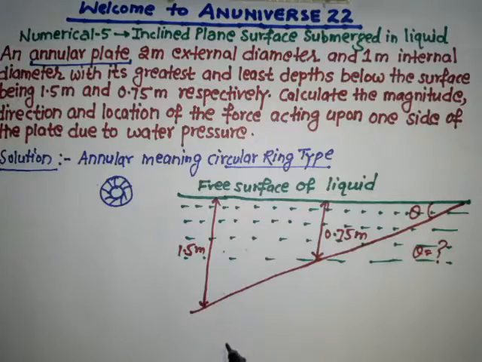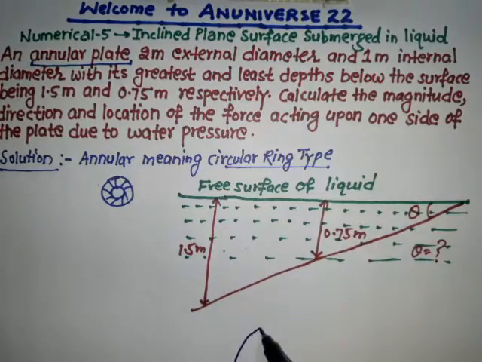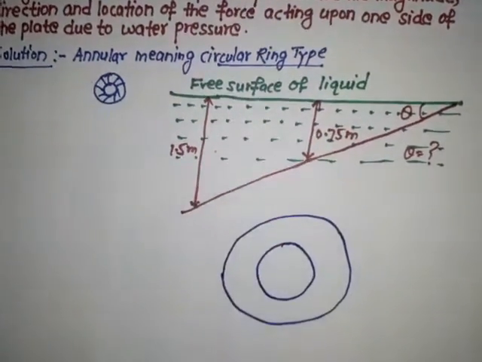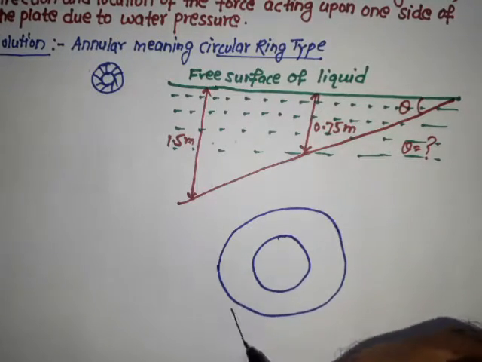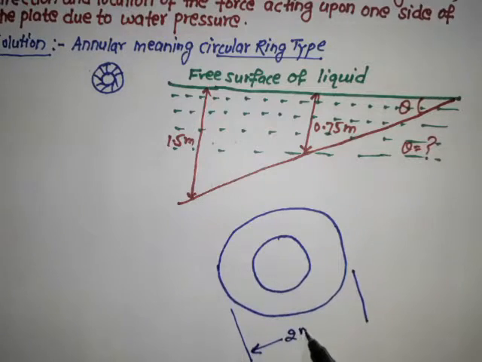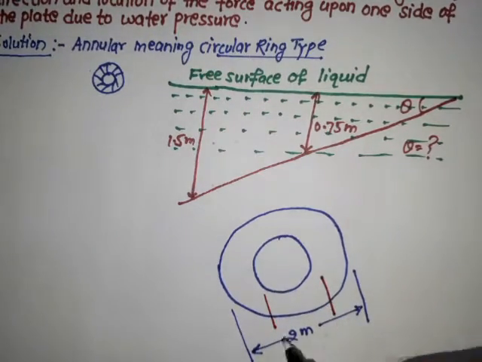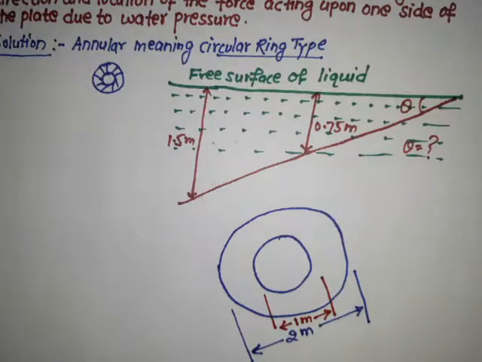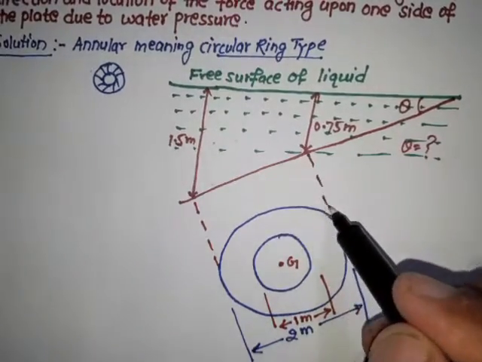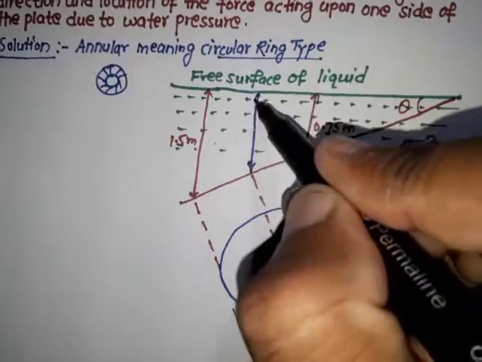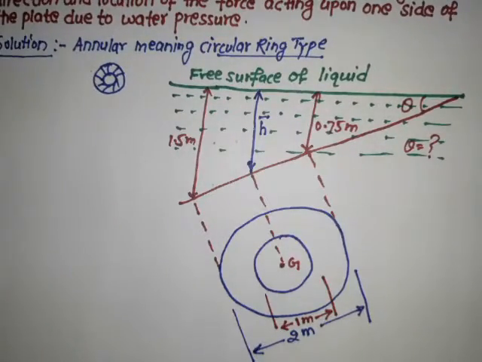Here, this is the shape of the annular plate, and this is the external diameter, 2 meter, as given, and this is the internal diameter, 1 meter, as given. This is the G point, the center of gravity, and the center of gravity lies at a distance of h bar from the free surface of liquid.